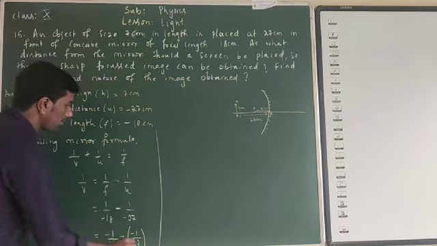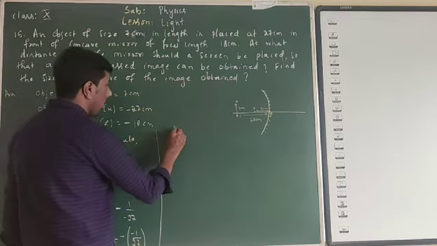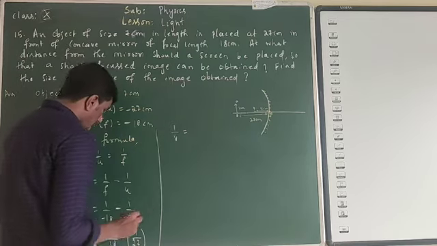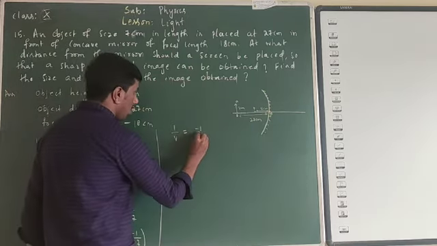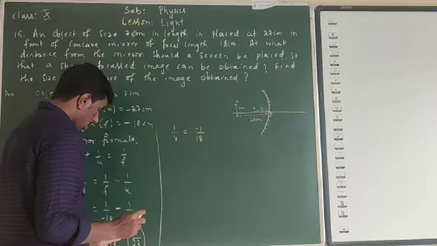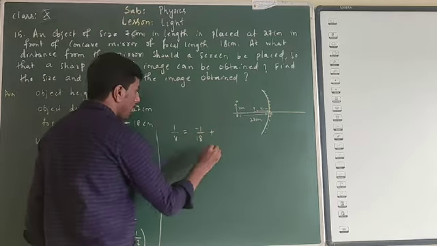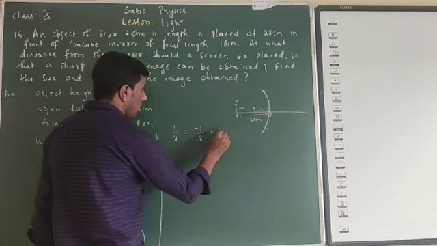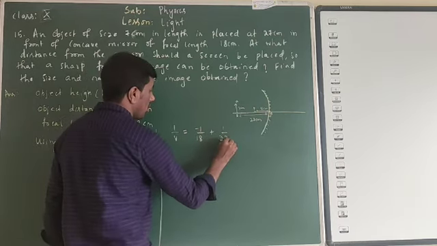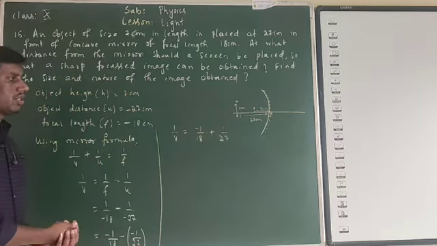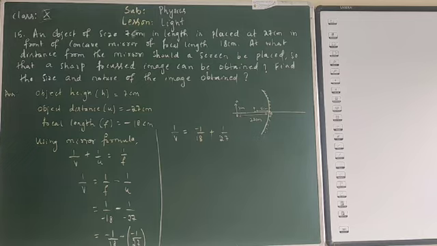So 1 by v on the LHS as it is. On the RHS it is minus 1 by 18, so minus into minus will become plus 1 by 27. Now we will simplify this.